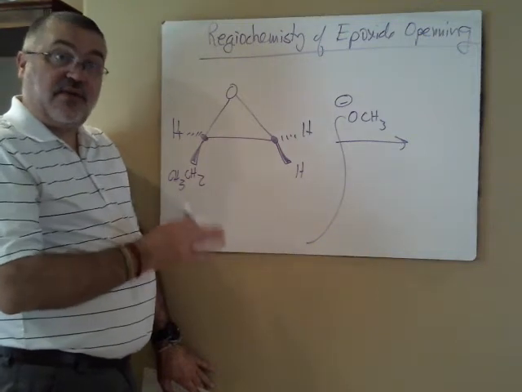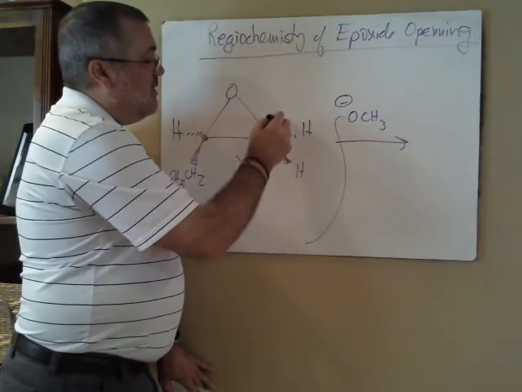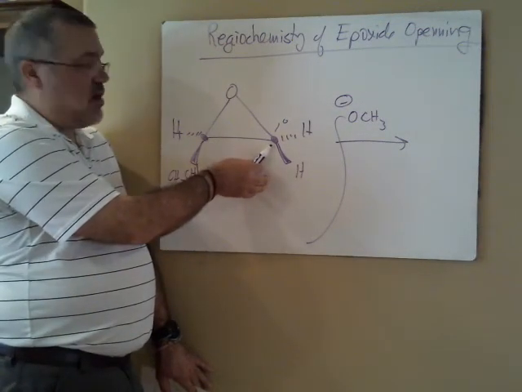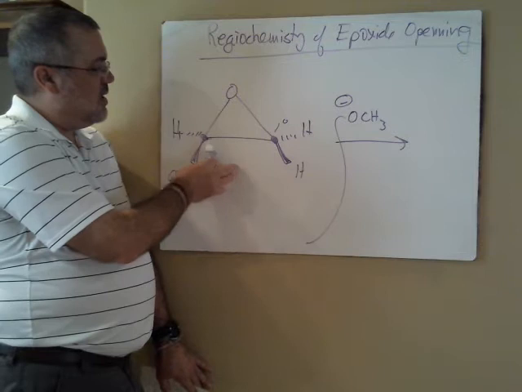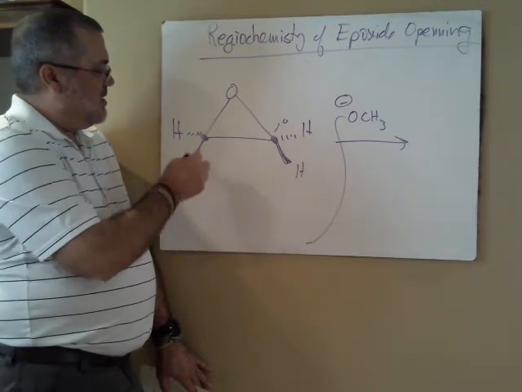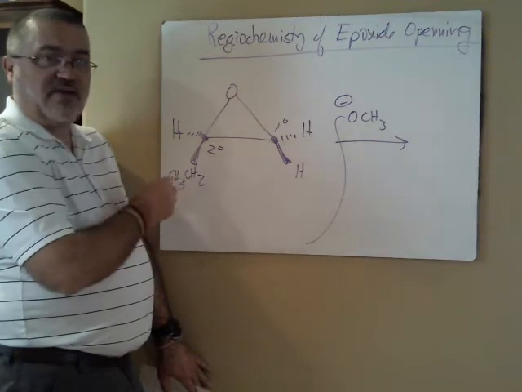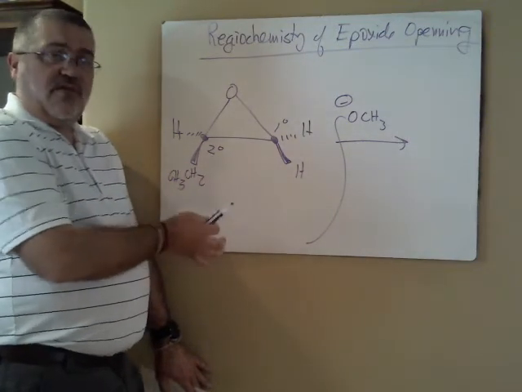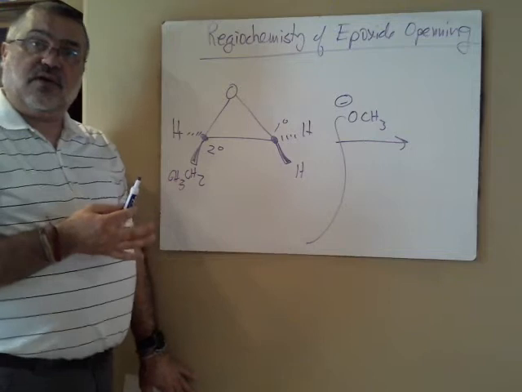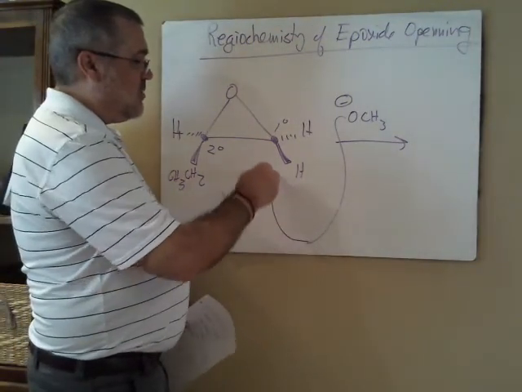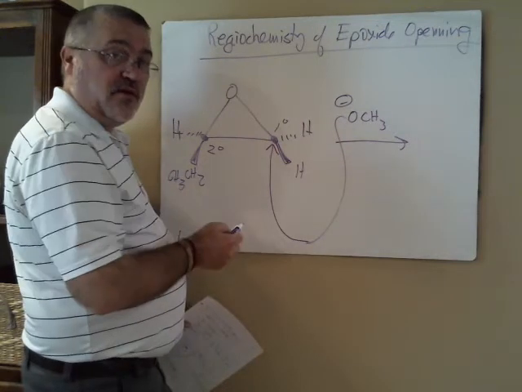And if it's SN2-like, this position, that is a primary carbon, right? Because there's only one carbon attached to it. This one is secondary because there's 2 carbons attached. So which of these is the less hindered site? Which one is going to be favored by SN2 conditions? It's going to be coming into the less hindered side.